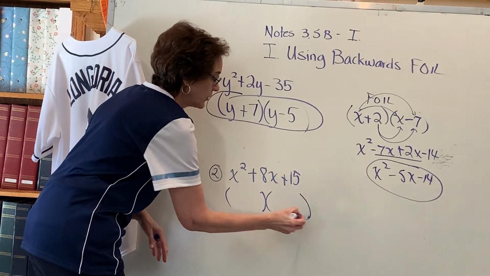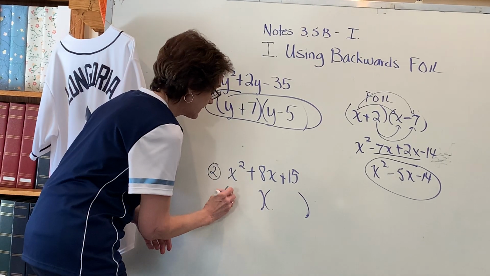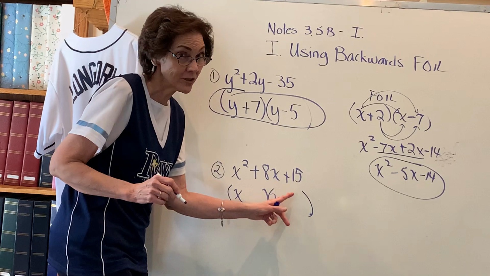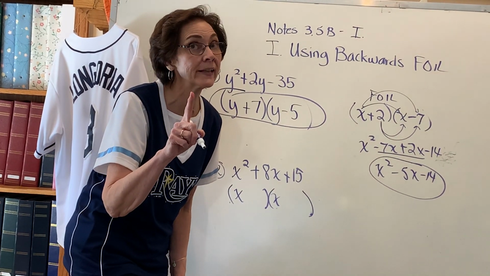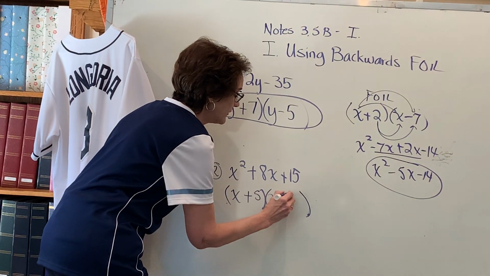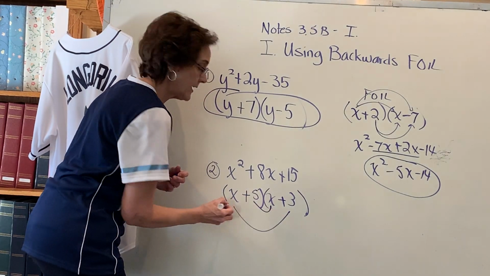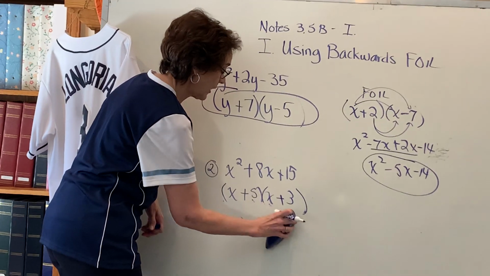So what first term times what first term is x squared? X times x. What last term times what last term is 15, but your outers and inners have to add up to 8x. So hopefully you figured out 5 and 3. 5 times 3 is 15. 5x and 3x, outers and inners, that would be 8x. So we know we got the right combination.